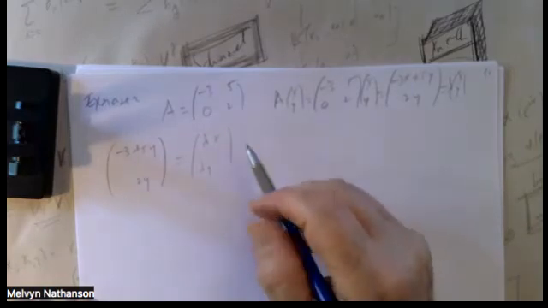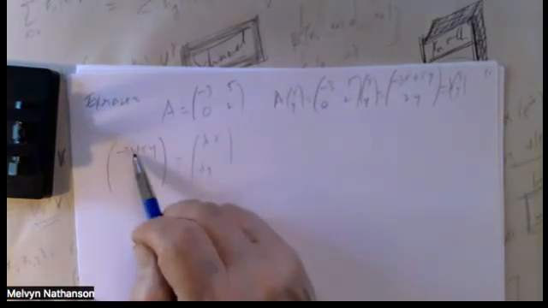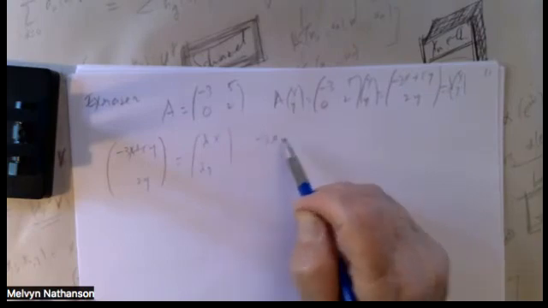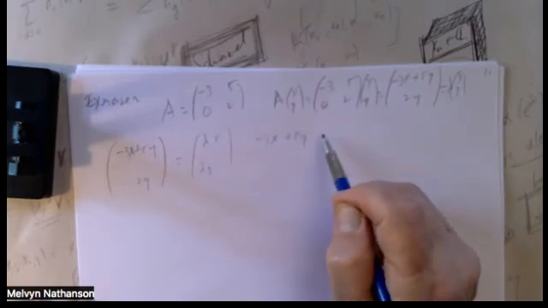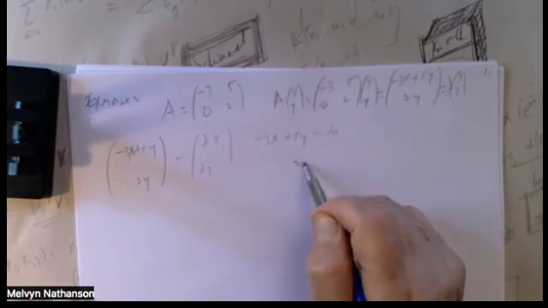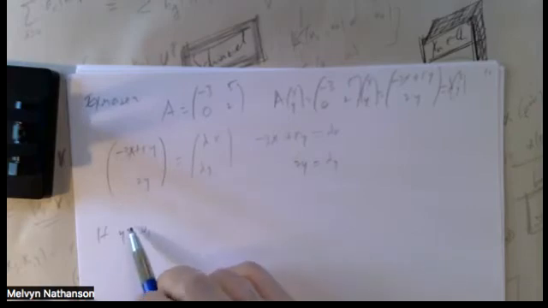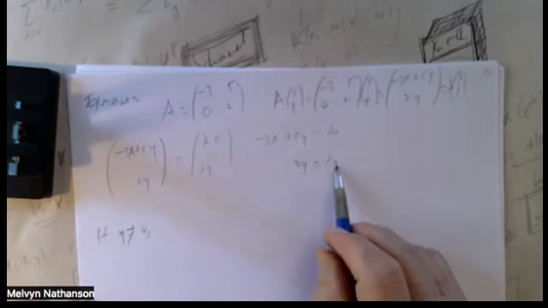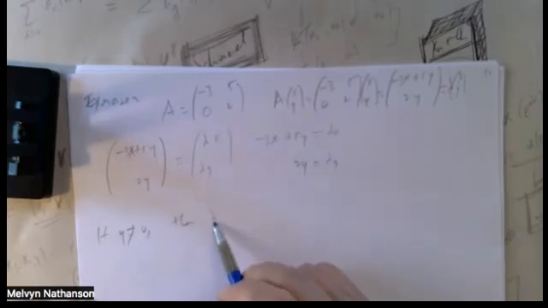So for that to happen, minus 3x plus 5y equals lambda x, and 2y equals lambda y. So of course, if y is not 0, then lambda has to equal 2.